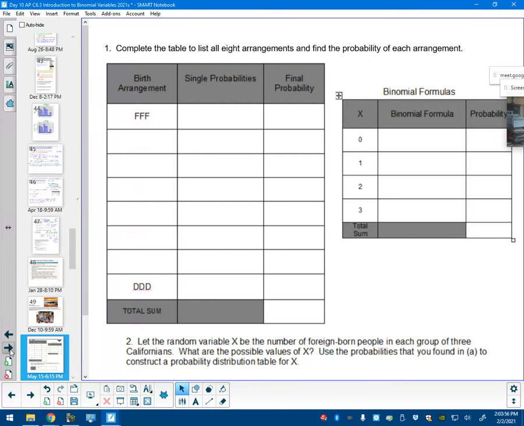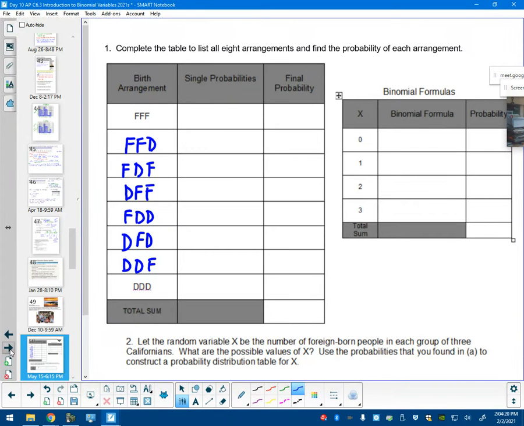So we have FFF, and then we could have FFD, FDF, and DFF. That's all the ways that you could have 2 foreign-born and 1 domestic. And then we could have FDD, DFD, or DDF for only 1 foreign-born, or we could have all 3 born in the United States, DDD.